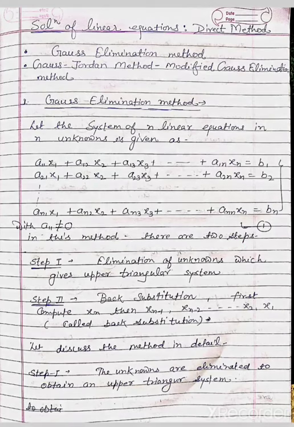First, by obtaining the upper triangular system of equations, we get the value of xn, and then obtain the value of xn minus 1 by substituting the value of xn, and then we get the value of xn minus 2 by substituting the values of xn and xn minus 1, and in a similar manner we get the values of xn minus 3 and so on up to x2, and in the last we get the value of x1.